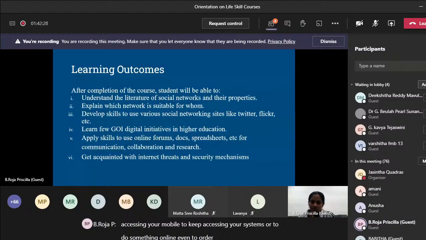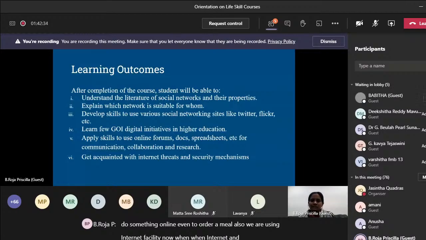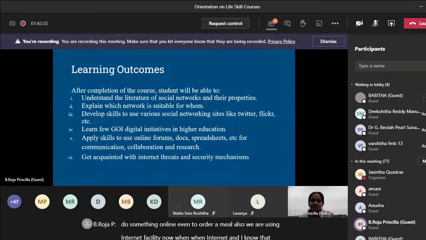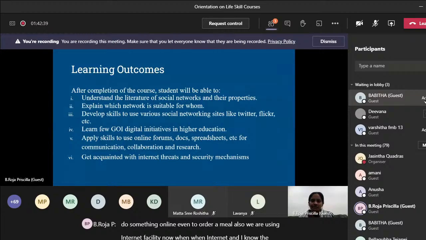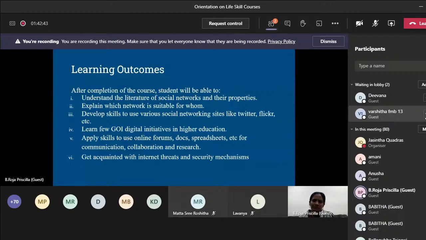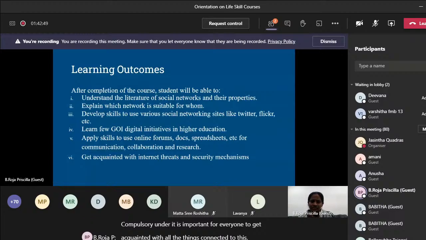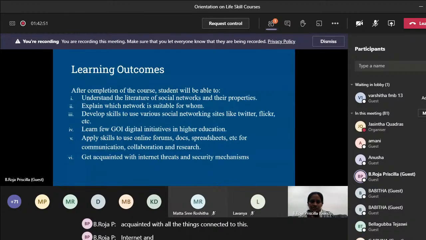Now, when the internet and digital gadgets, the mobiles and computers, have become part and parcel of life, it is compulsory and important for everyone to get acquainted with all the things connected to the internet and computers.